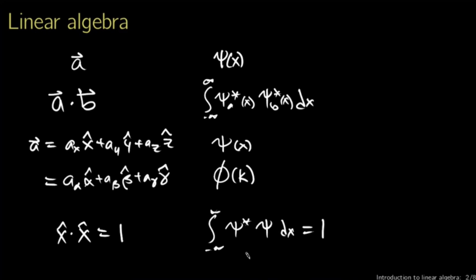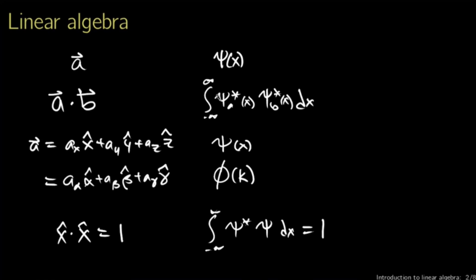That's our normalization condition. Essentially, the analogy between vector operations and the wave function, given these particular definitions of something like the dot product, is a good analogy, and in fact, it's a mathematical identity. You can think of the dot product as adding up similar components, like the x component of A multiplied by the x component of B plus the product of the y components and the product of the z components.